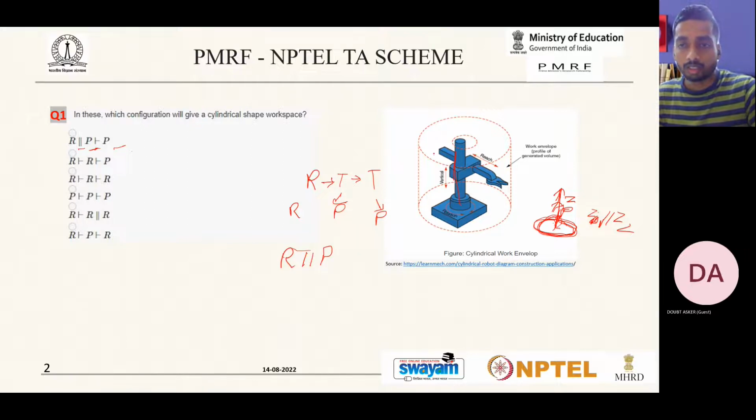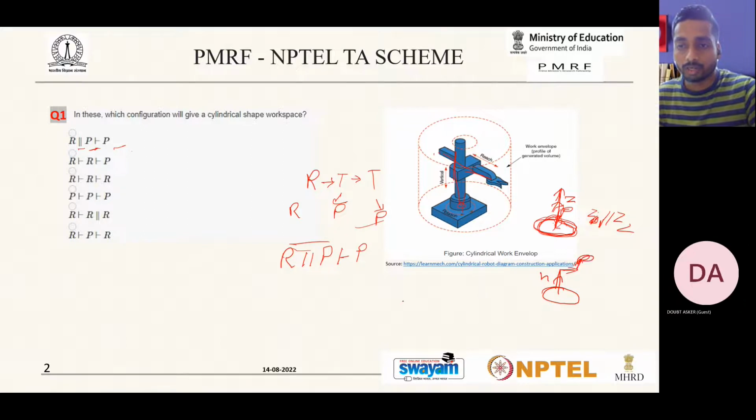Now the third one is perpendicular to both the earlier R and this P, and it is also a prismatic joint. So the first R will trace the circular path, the first P will track back and forth the height of the cylinder, and then the length will be varied by the last P translation.